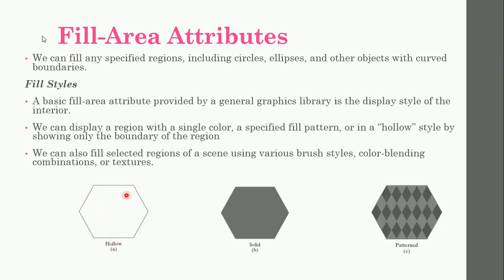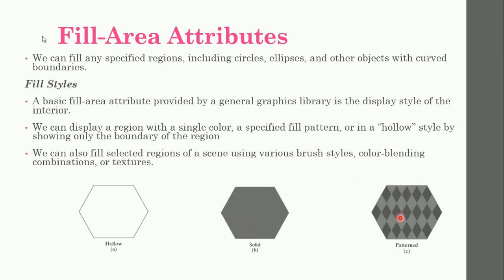This style is called the hollow style of filling the region. Another way is the solid style, where you do not display the edges, you just fill the area with a color, maybe red, green or any other color. This is called solid filling.